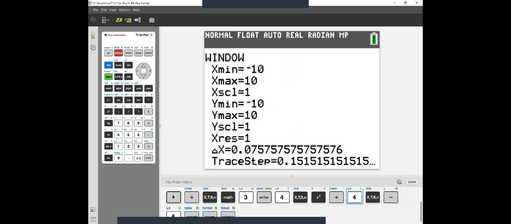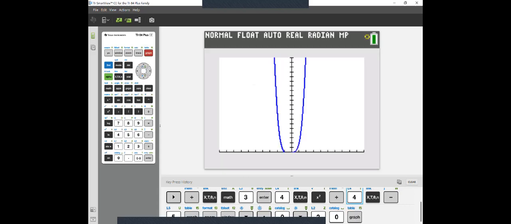I'm going to change my Y's to go from 0 to 20 and see if that actually was another point of intersection in there.